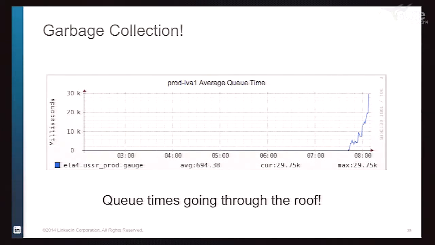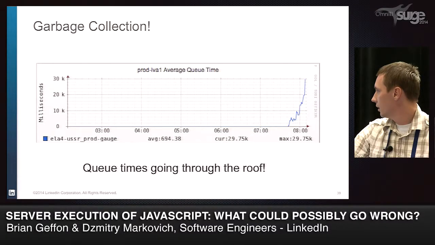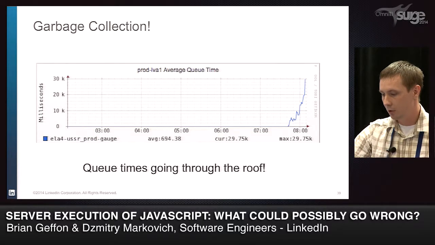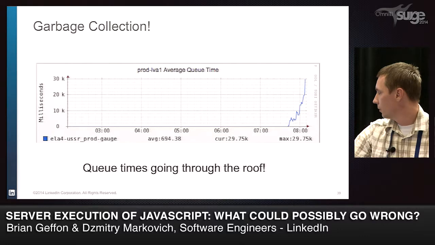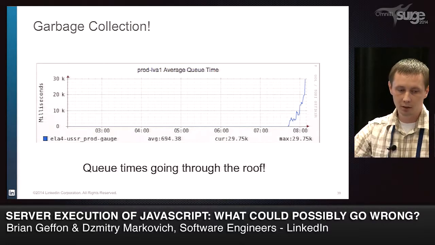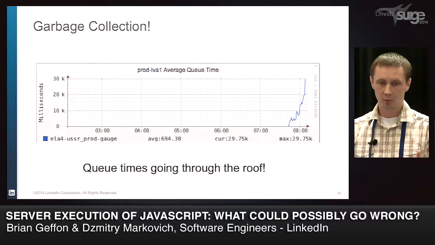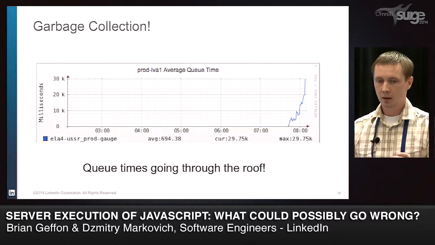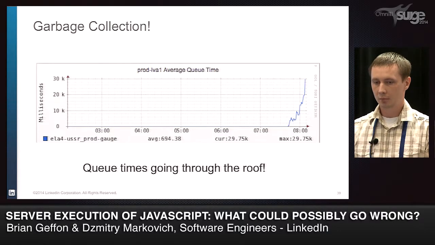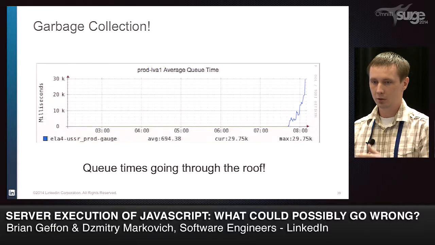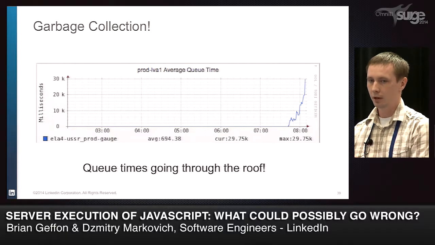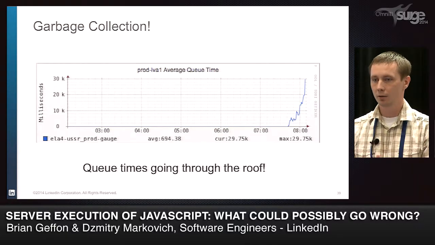We have a lot of metrics at LinkedIn for checking how our engine behaves. This is the example. We introduced this feature and started ramping it up until some point. Usually at LinkedIn, we have this paradigm of traffic shifts. We have multiple data centers, and from time to time, in order to test one data center, we take all traffic from all the data centers and send it to just one.